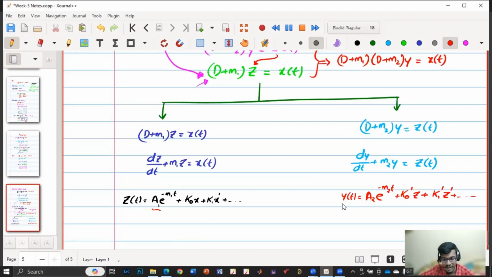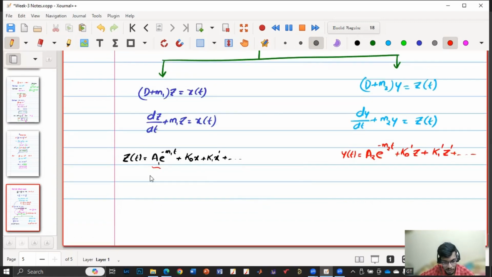One expression is y of t in terms of z, and then I got z of t in terms of x. So for getting y of t in terms of x of t, I have to substitute this z of t in y of t. Let me just substitute this and see what I'll be getting. So my y of t, what will it be?